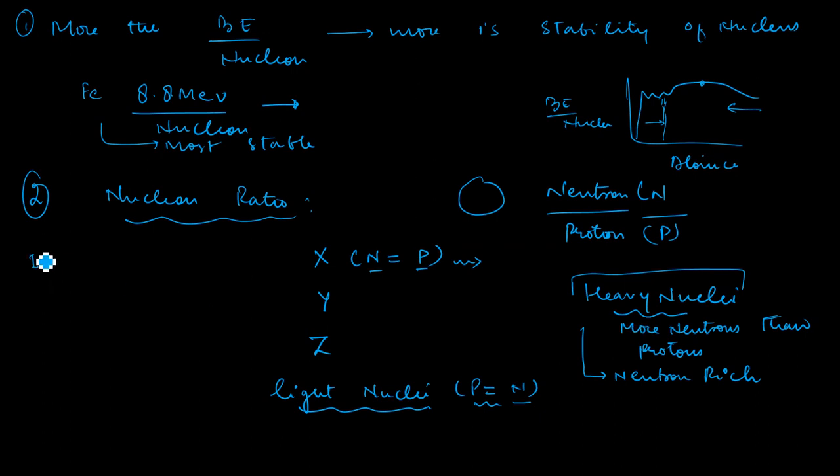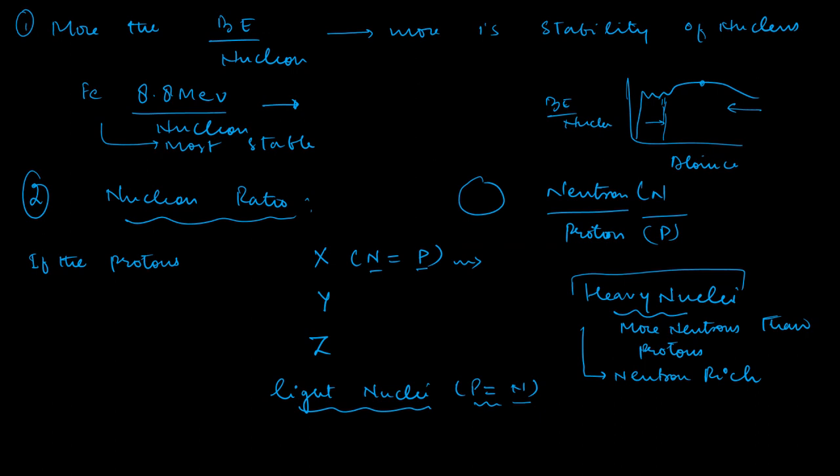If the protons exceed, there will be a greater magnitude of repulsive force between them. So if there is more repulsive force, that can cause the distortion of the nucleus.